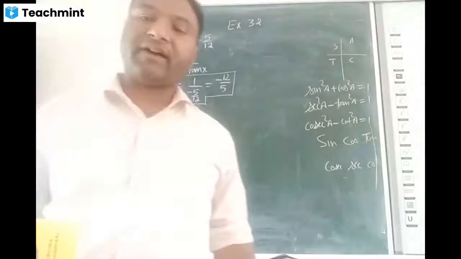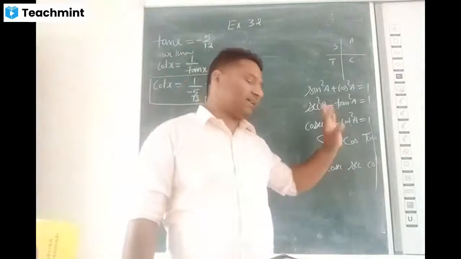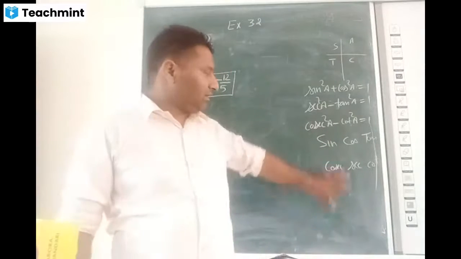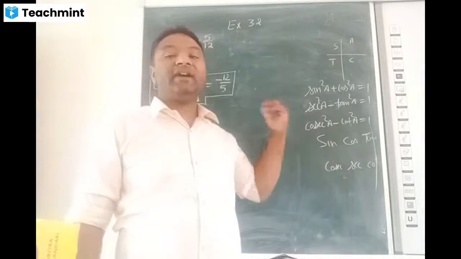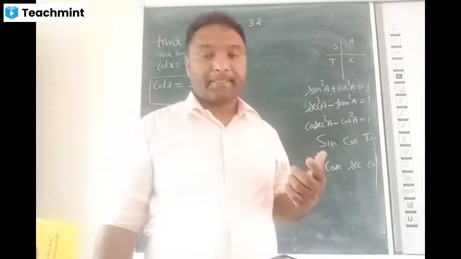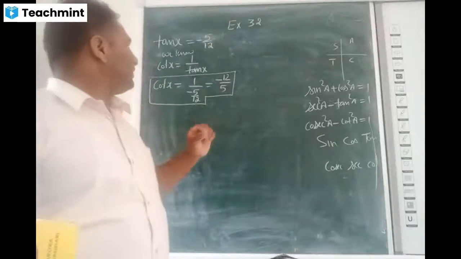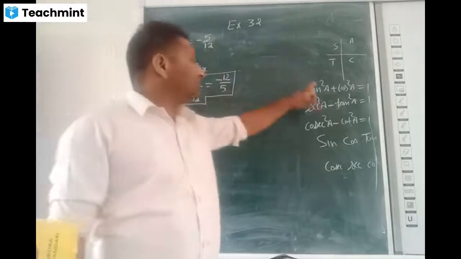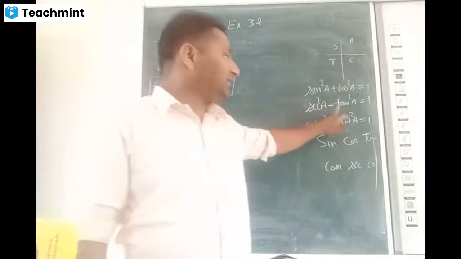Now I have to find the value of sin, cos, cosecant, secant. Okay, it's almost passed over. Now you can see any of the formulas where the tangent value is given. Tangent value is given.